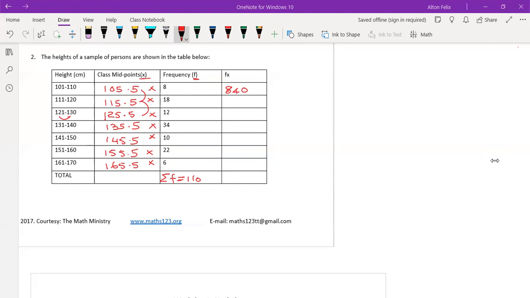145.5 by 10 would be 1455. 155.5 by 22, 3421. And 165.5 by 6, 993. Okay, so let's put these figures in our table and write in those values.